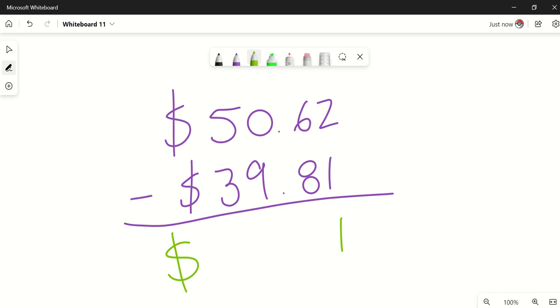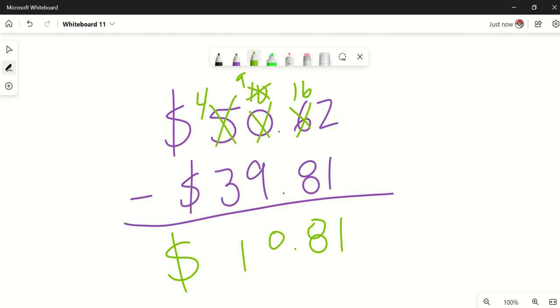6 minus 8 can't do. I also can't borrow from this 0. So, chain borrowing. This becomes a 4. This becomes a 10. This will now also become a 9 because it's going to be borrowed by this 6, which becomes a 16. 16 minus 8 will become 8. Bring down a decimal. 9 minus 9 will be 0. 4 minus 3 will become 1.